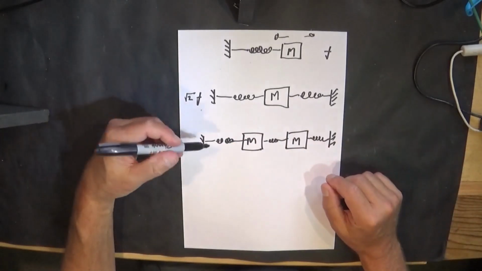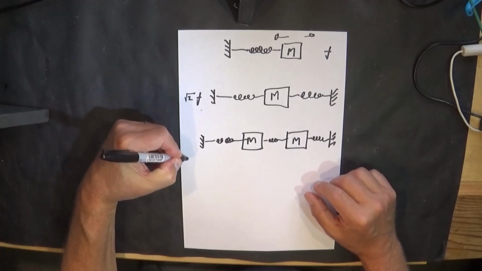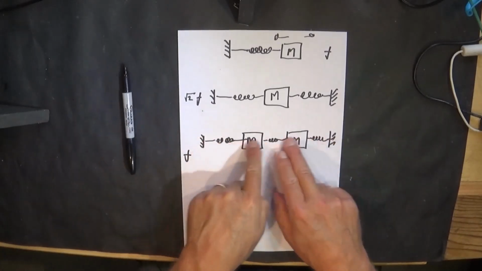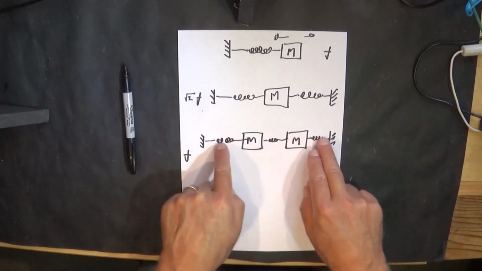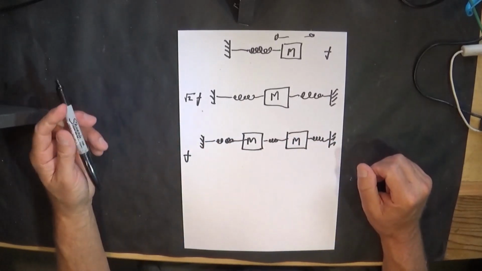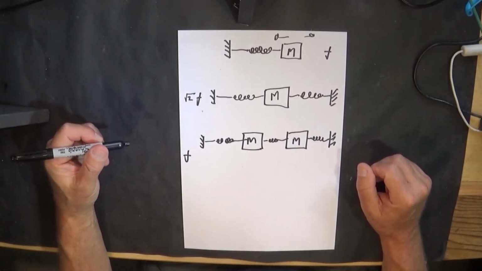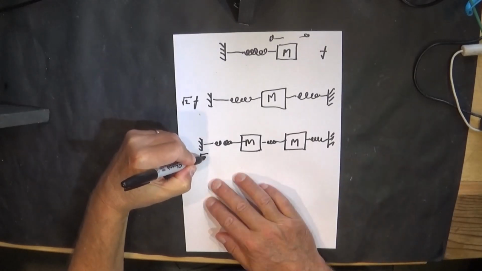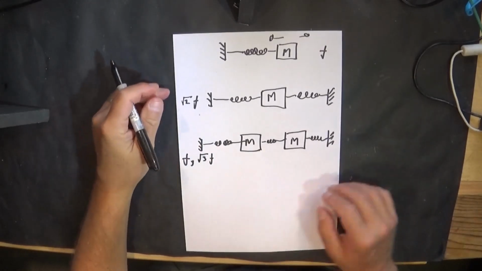So this will have a frequency of f, and they can oscillate like that, and we found that it will have a frequency of the square root of 3 f.